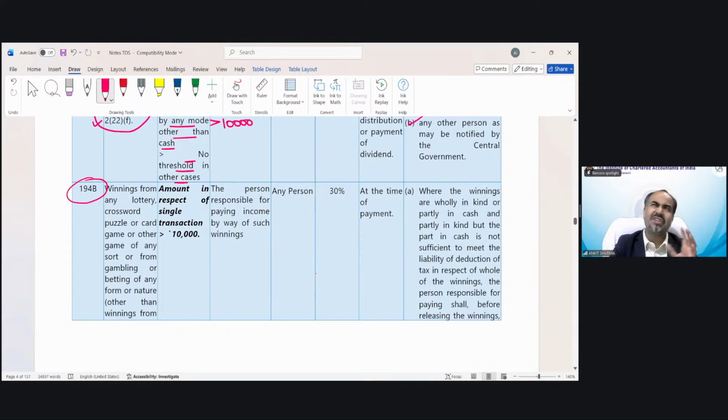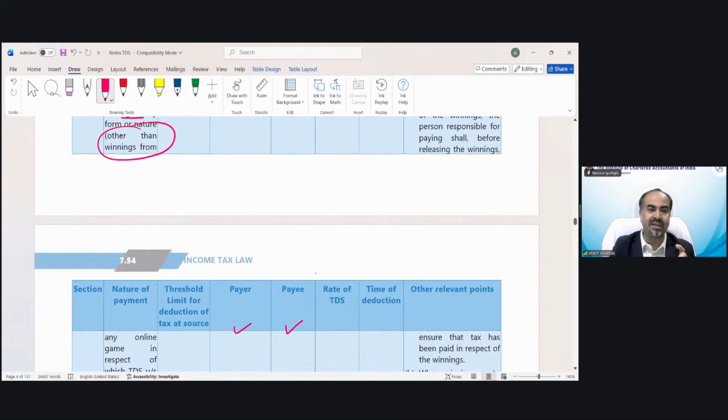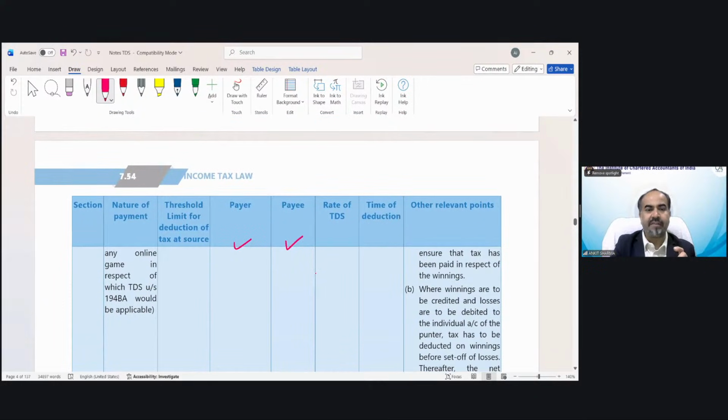We have discussed section 194BA, that is for online winning games, etc., in which TDS is required to be deducted if the net winning is more than 100 rupees, etc. Now there are other winnings. The winning like lottery, crossword puzzles, or card game, or other game, or any sort of gambling, etc., betting in a casino, other than winning from online game, which we have discussed under section 194BA.